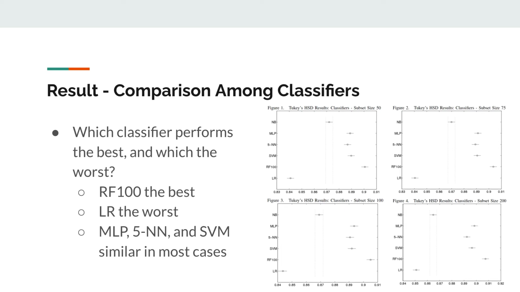Similarly, we can also observe that ALR, or logistic regression, has significantly the worst performance among all the classifiers. And the performance of MLP, 5NN, and SVM are in most cases quite similar to each other as their confidence intervals overlap, except for this case under feature size 200, where we see MLP has significantly better performance than 5NN.